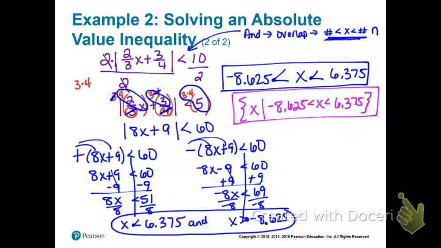They could write it in interval notation. So negative 8.625, comma 6.375. And neither one have an equal to, so they're both going to get a parenthesis.